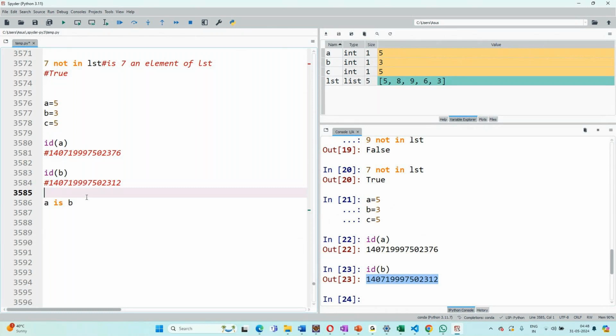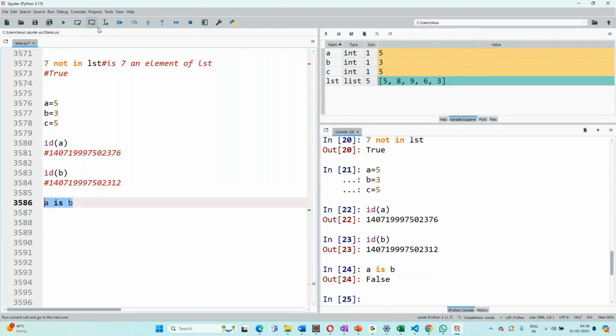So A is B gives false, because the IDs are not the same.